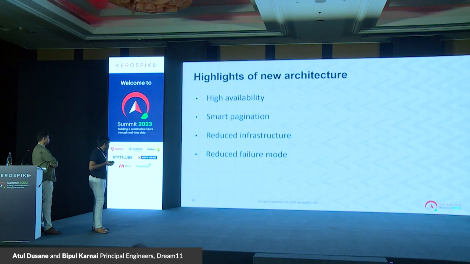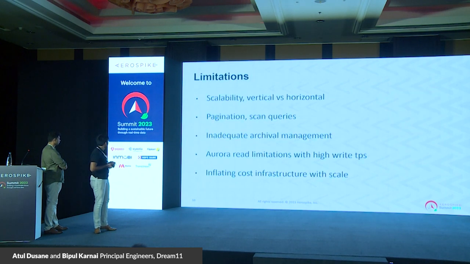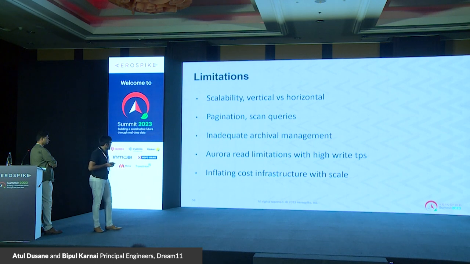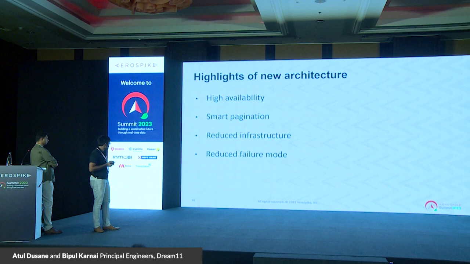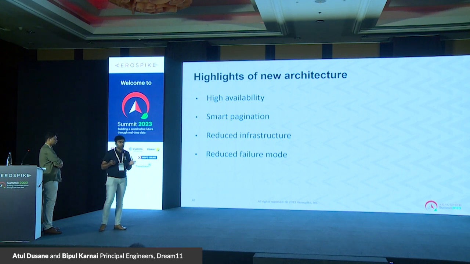If we talk about the new architecture, we got high availability, and I want to touch upon the smart pagination. One of the issues we faced was the pagination scan query, which we were able to solve using two Aerospike operations. In the first operation, we maintain the user data, which is called the shard meta information.